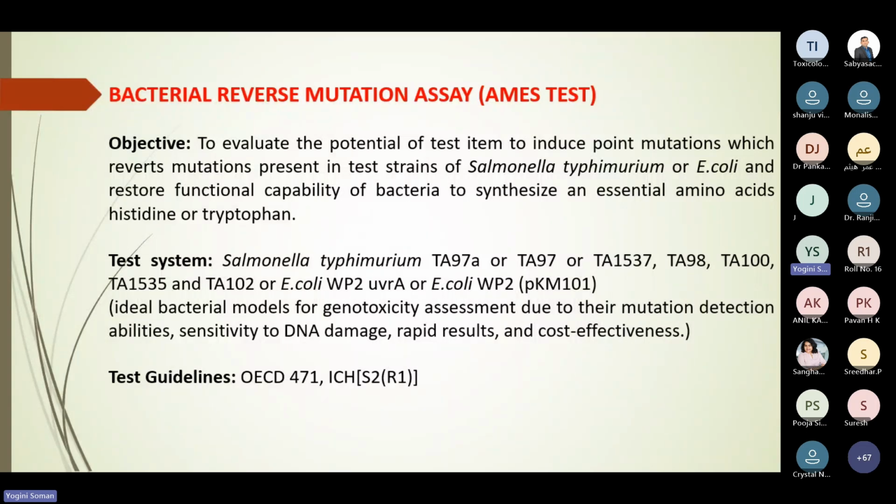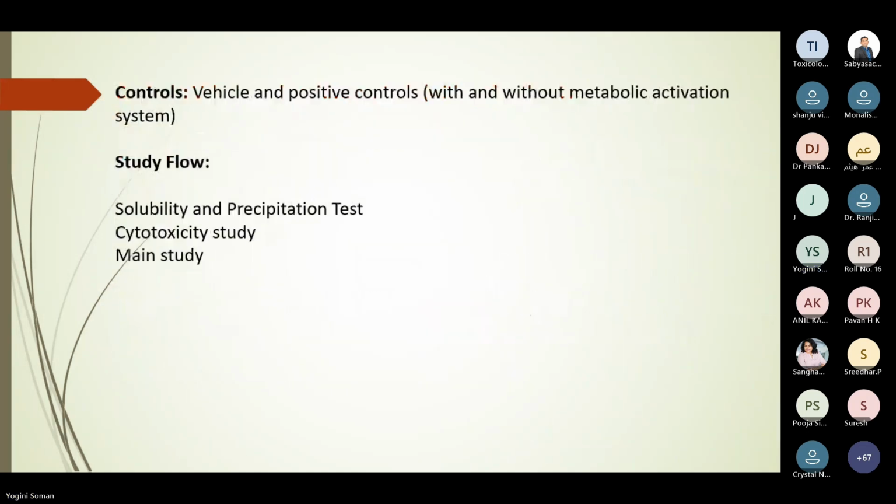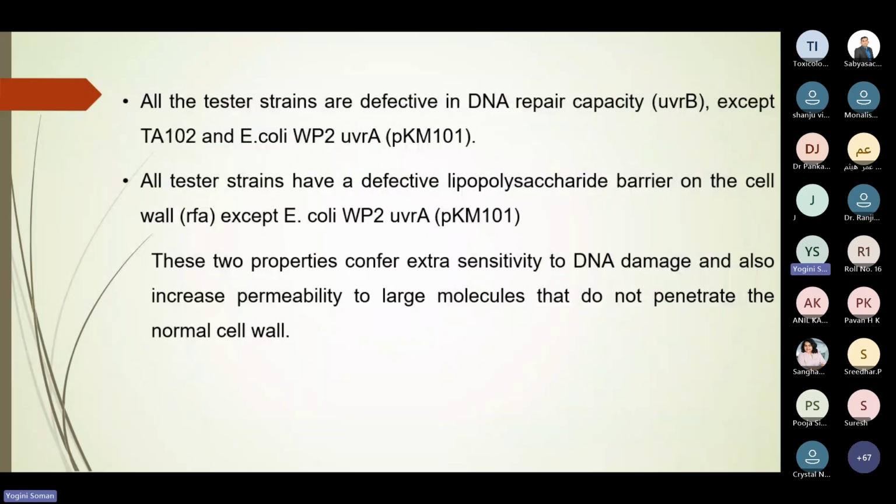First is Salmonella typhimurium TA97A or TA97 or TA1537, you can include. The next is TA98, TA100, then TA1535, or you can include TA102 or E. coli WP2. So why are these strains important?